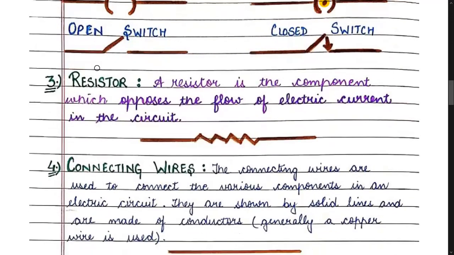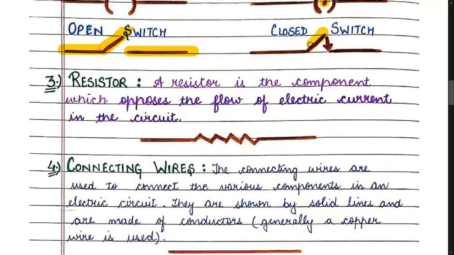Similarly, the symbolic representation of an open switch is a line, or you can say a latch which is opened. So the circuit is open as the circuit is incomplete. And closed switch means you have to put the latch down.